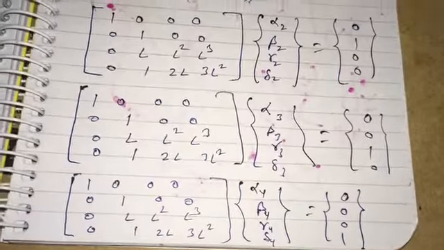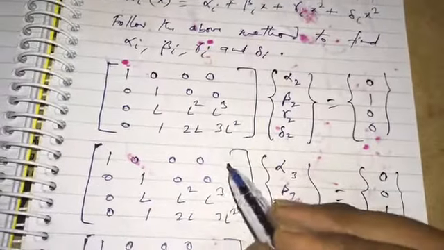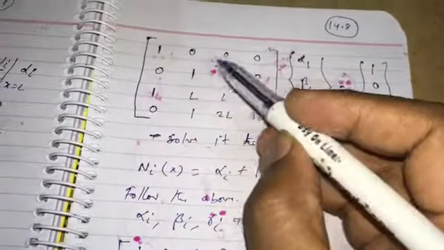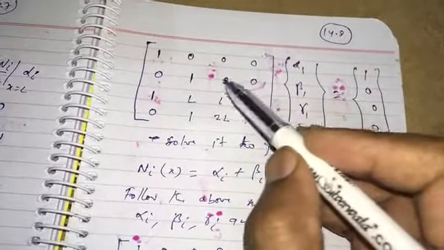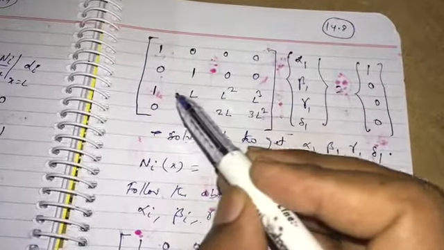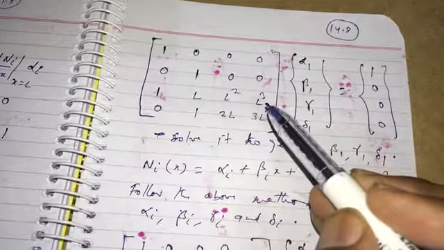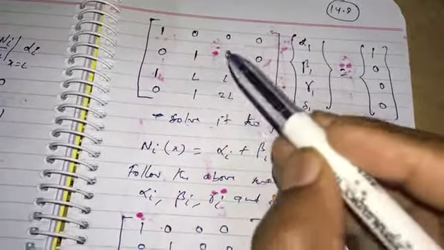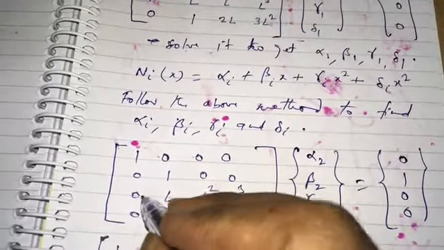Okay, thank you. Before I end the lecture, I want to point out some corrections. If you see here, the first matrix we have 1 0 0 0, 1 0 0, 1 L L square L cube, and I said same matrix has to be repeated here, but if you see here we have an error.